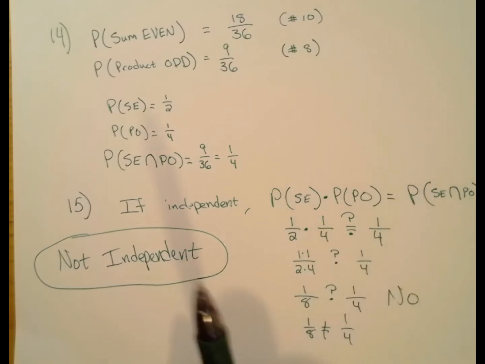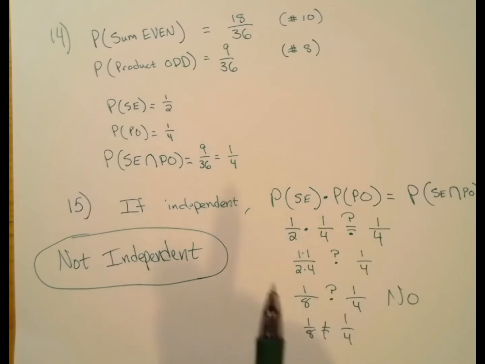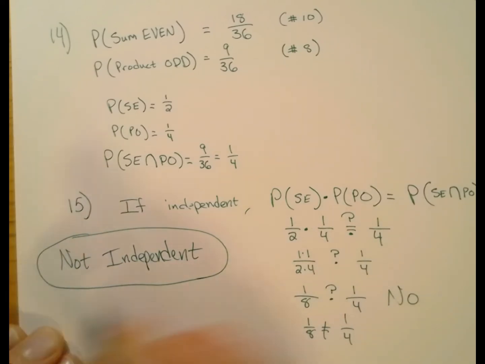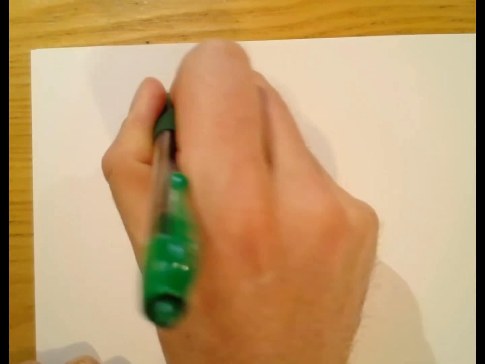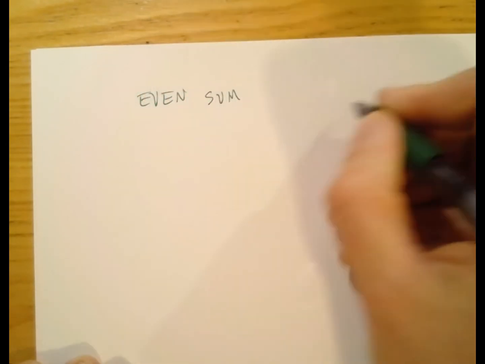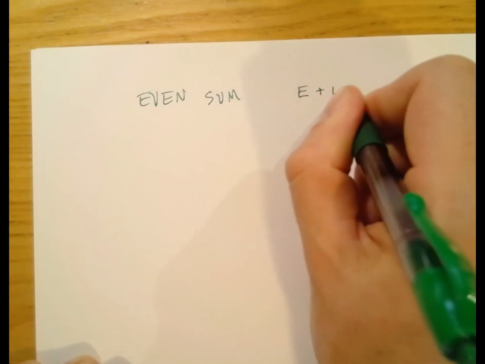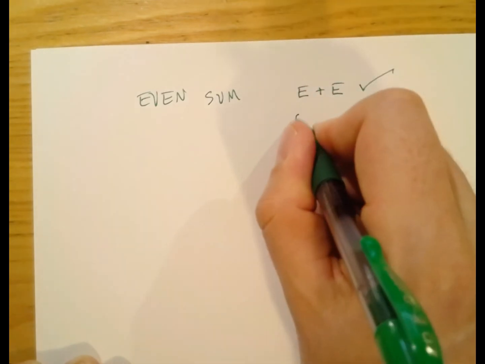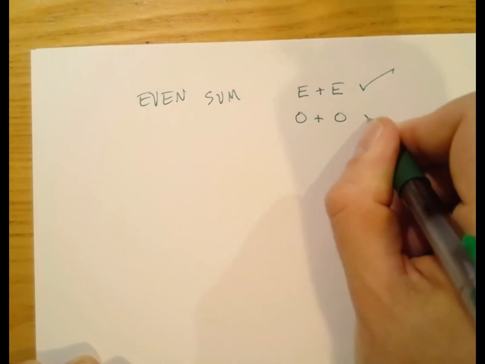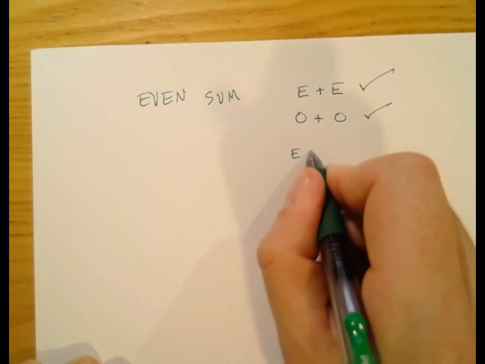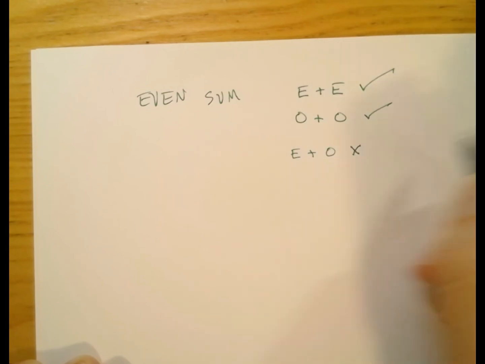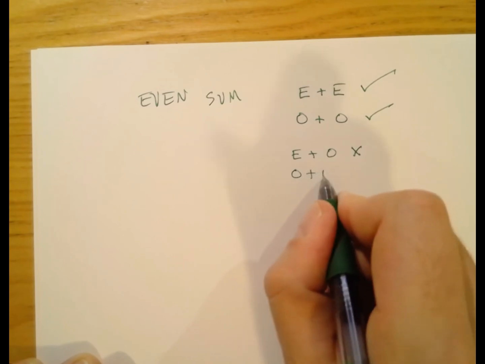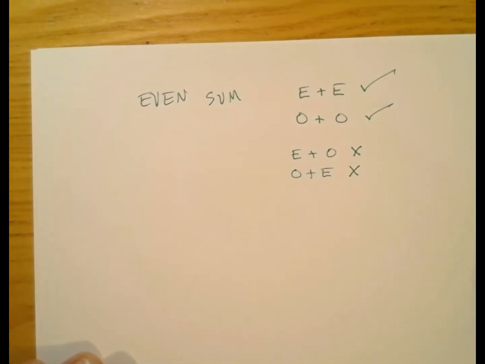Let me rephrase the way I was saying that. What are the ways that you can get the sum is even? You can get a sum with either an even plus an even or an odd plus an odd. However, if you add an even plus an odd would be odd. An odd plus an even would also be odd.